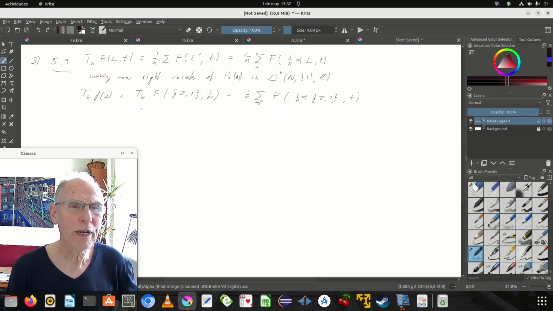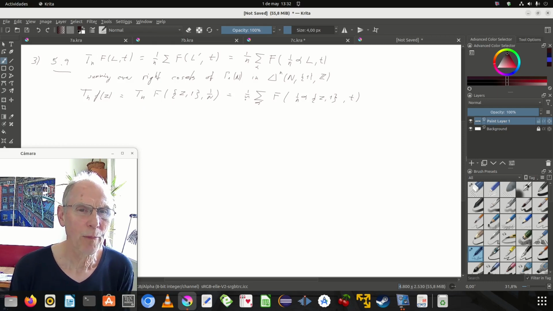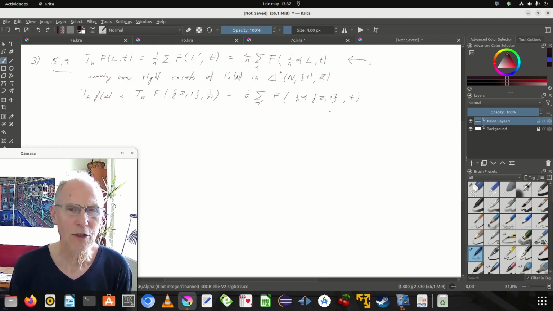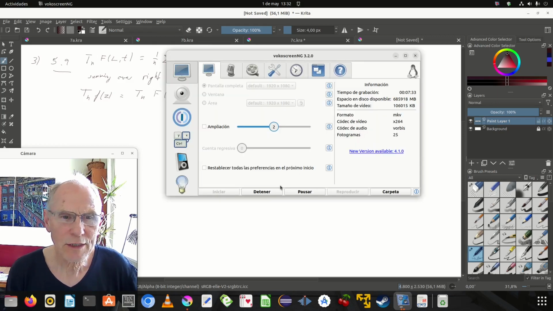We actually already have a formula for this in the book. Already they did compute that, so I'll just make a break and then see what it is.